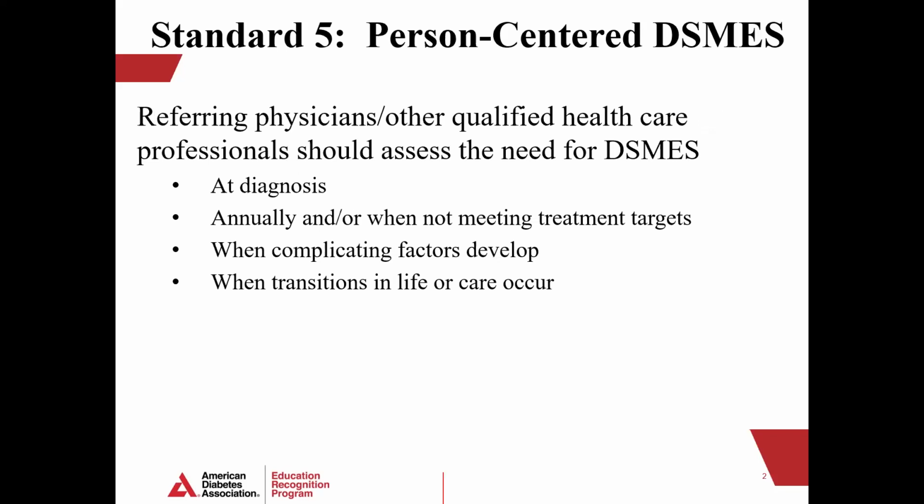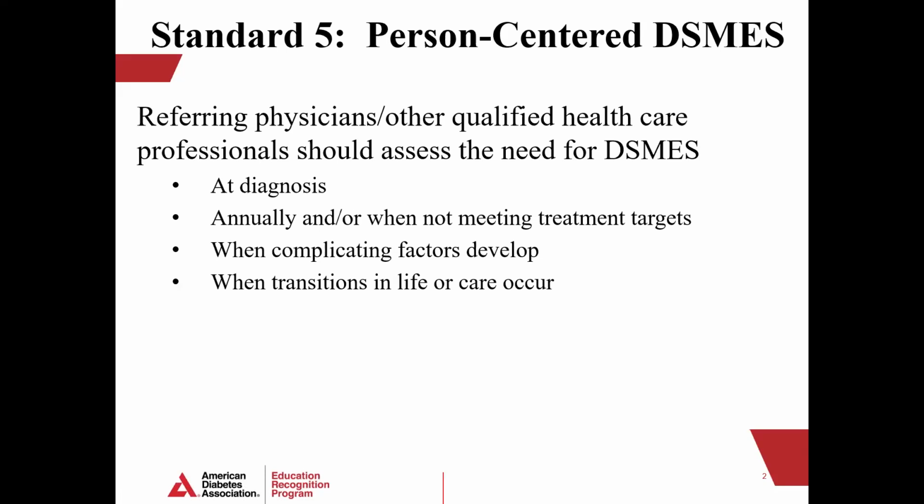So let's start with when to refer to a DSMES program. There are 4 critical times to consider a referral to DSMES: at diagnosis, annually, or when not meeting treatment targets or personal goals, or the person with diabetes has questions about technology or treatment options.